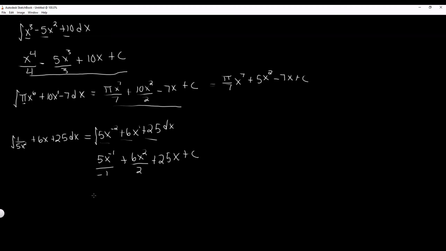So we keep the negative, so negative 1 divided by 5x. We just switch the sign. Plus 6 divided by 2 is 3, so we'd have 3x squared. And then 25x does not need to be simplified. Plus c. And that is the answer to this problem.